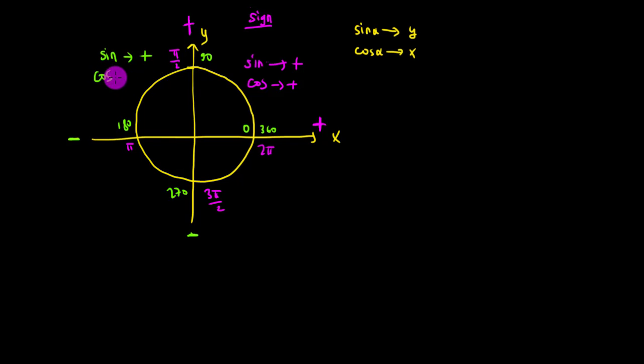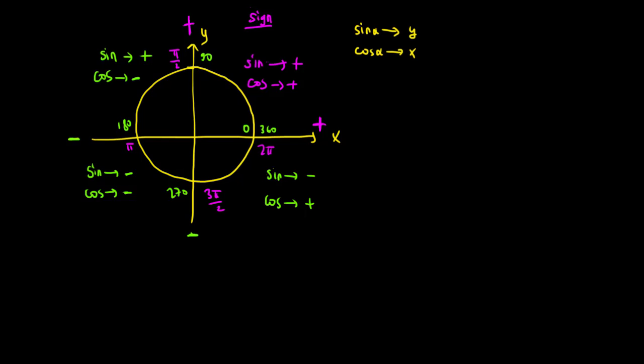Since cosine is x and x is minus, cosine would be minus. Here sine is minus because y is minus, and cosine is also minus because x is minus. And here, sine would be minus because y is minus, and cosine would be plus because x is plus.